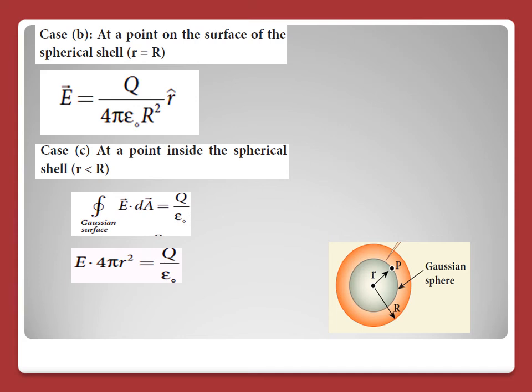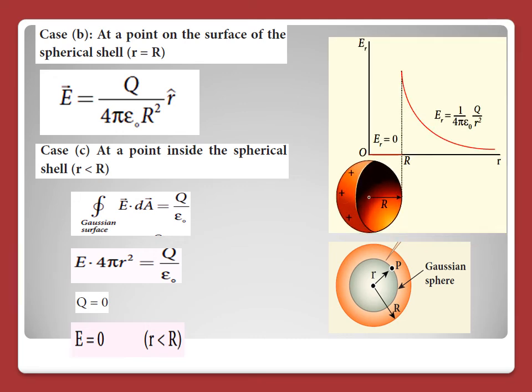Here E into 4 pi r squared is equal to Q by epsilon naught. Now the net charge enclosed inside the surface will be equal to 0. That is Q will be equal to 0. So E will also be equal to 0. So the electric field due to a uniformly charged spherical shell is 0 at all points inside the shell.